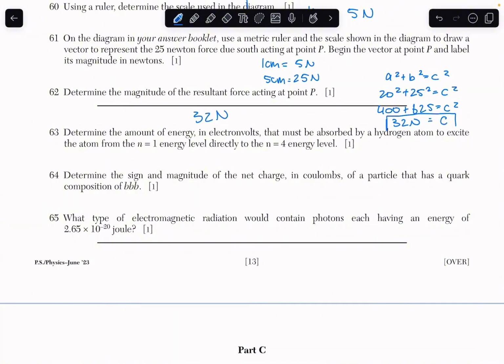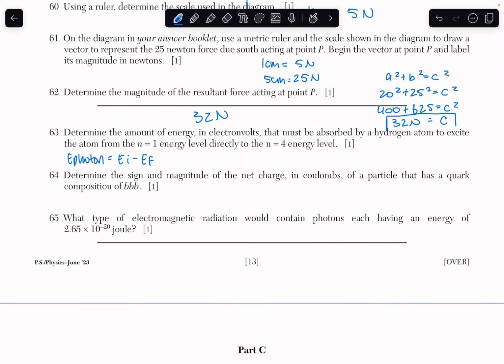63. Determine the amount of energy in electron volts that must be absorbed by a hydrogen atom to excite the atom from the n equals 1 energy level directly to the n equals 4 energy level. In order to find the energy absorbed, we're going to use the equation E photon equals Ei minus Ef. We can find our Ei and our Ef by looking at the hydrogen table on the reference table.